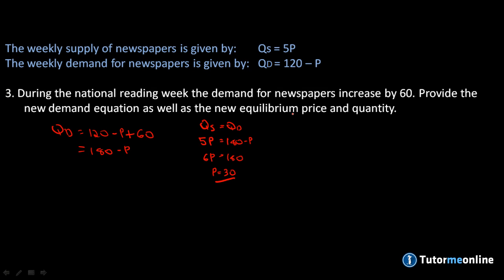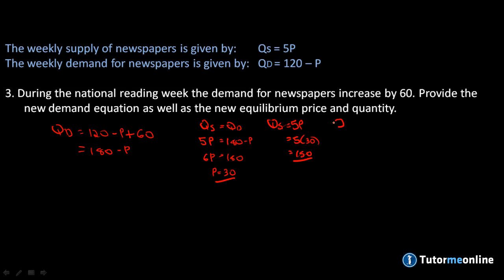So again, to find our equilibrium quantity, we need to substitute our price into either the supply or the demand function. So we show that quantity supplied equals 5P, and our new equilibrium price, that is 5 times 50, which gives us 150.